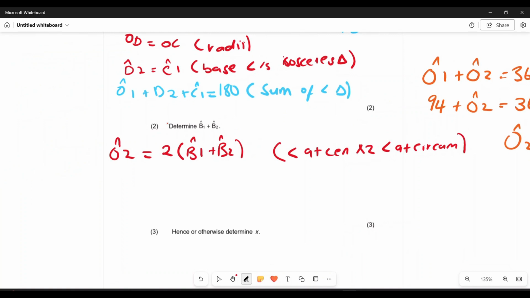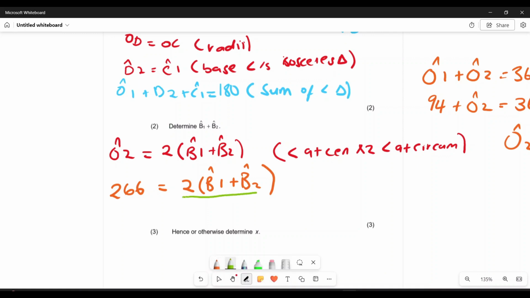Right, so here 266 is equal to 2 times B1 plus B2. Now remember, I'm looking for the value of both my B1 added to my B2. To find this, I need B1 plus B2, so I would need to divide both sides by 2.